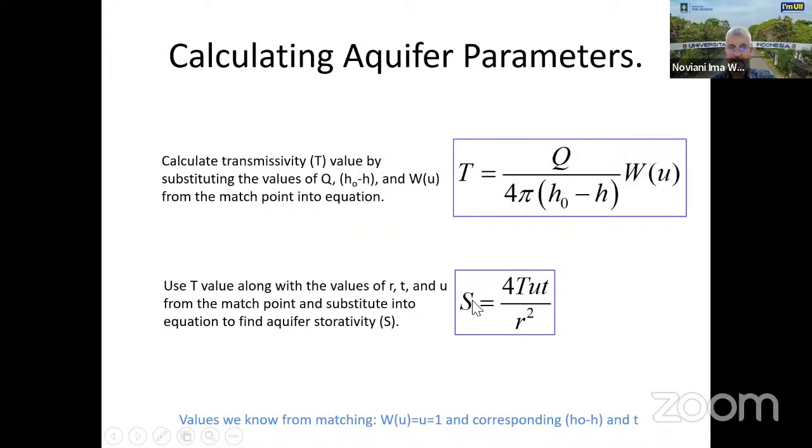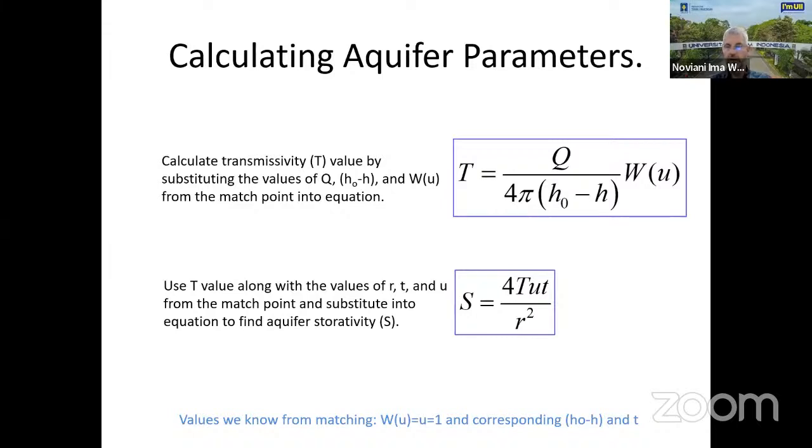And that's it. We basically have now calculated our transmissivity and our storativity. And that's really what we wanted to do when we're running a pump test, to calculate the transmissivity and storativity. Okay, that's the bottom line. It's something that is being done every day. This is where hydrologists earn their money.